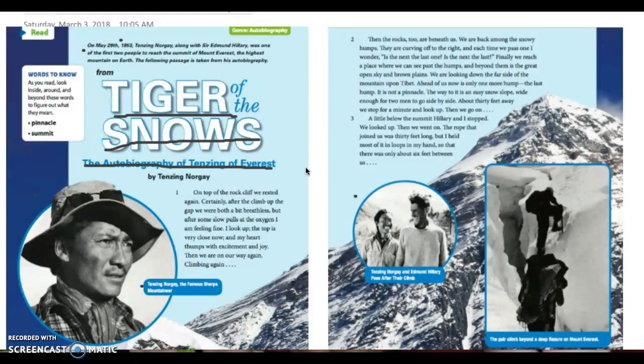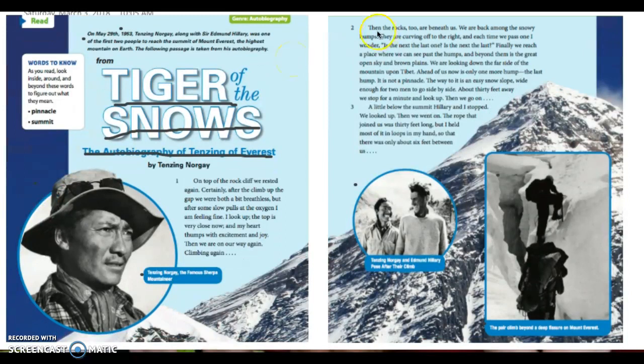All right, so looking at our text, the clue words that we found here are going to be the ones that are in paragraphs 1, 2, and 3. Clue words I see here in paragraph 2 is the word then. There's also the word finally.